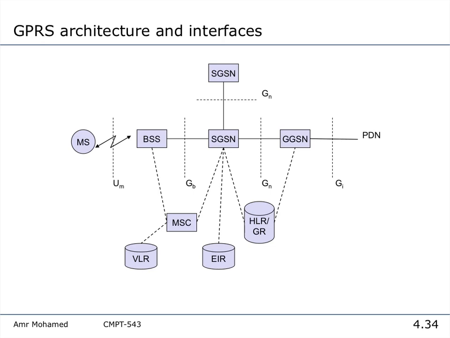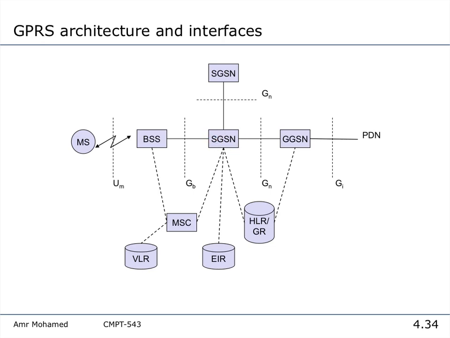So these are interfaces on the circuit switch side. Now GPRS came with these nodes: the serving GPRS support node, and the gateway GPRS support node, right? And the GPRS register. The GPRS register stores all the addressing of the mobile station.